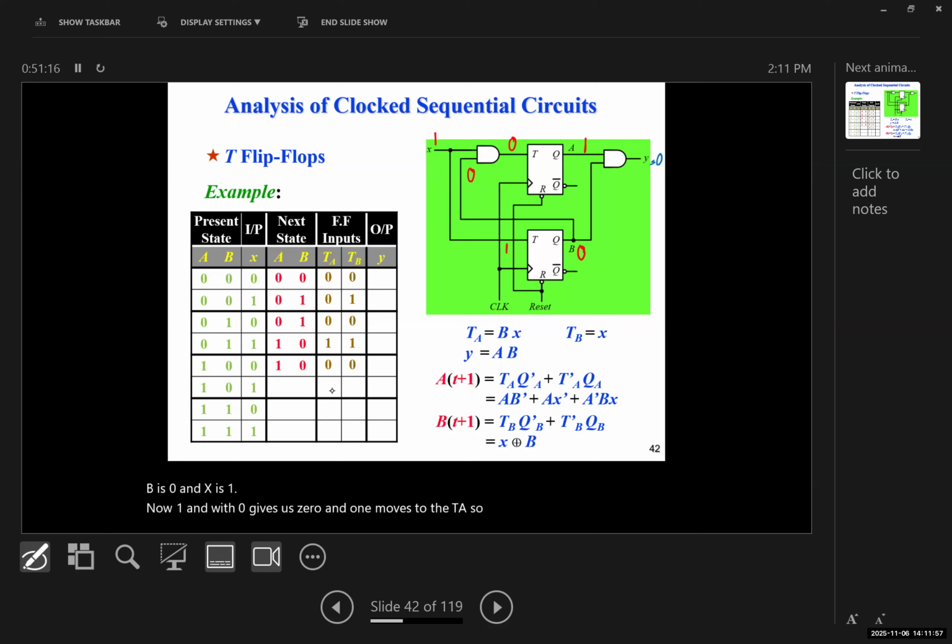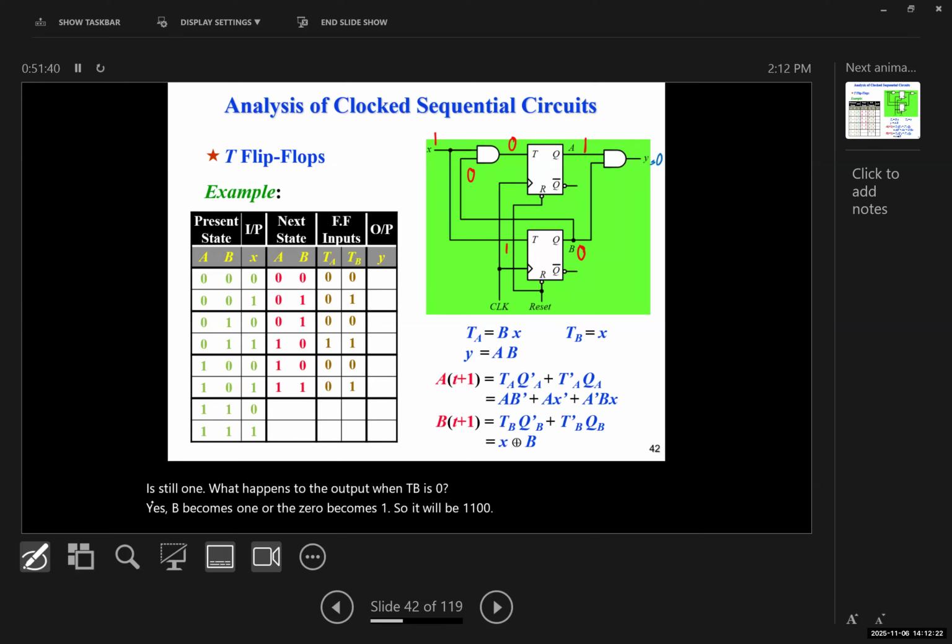TA is 0, and TB is 1. Now, if TA is 0, what happens to its output? It's still 1. What happens to the output when TB is 1? Yes, B becomes 1, or the 0 becomes 1. So it will be 1, 1, 0, 0.